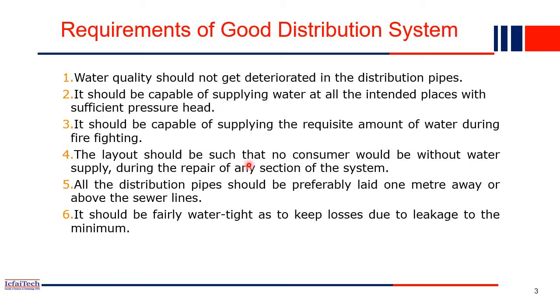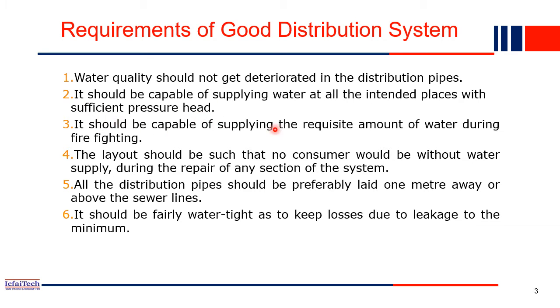In all locations of the city, our distribution system should supply water at sufficient pressure. This is very important, because in some areas the water comes very slowly, and in that case people resort to malpractice. They attach a motor pump to collect more and more water from the distribution system. But that is illegal, which is why the government and the water treatment facilities have to make sure that the water is distributed with sufficient pressure head.